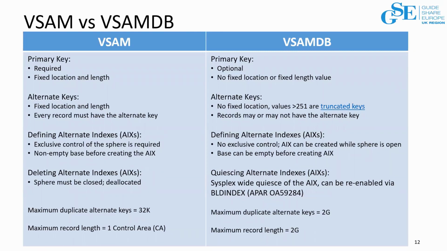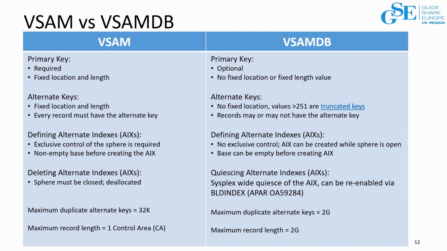Your record could span CIs, but it could never span a control area. So we were limited in how big a maximum record length could be because of that structure. With VSAM DB, we've removed that restriction, and now you can have really, really large records, which are more consistent with how people are using NoSQL today.